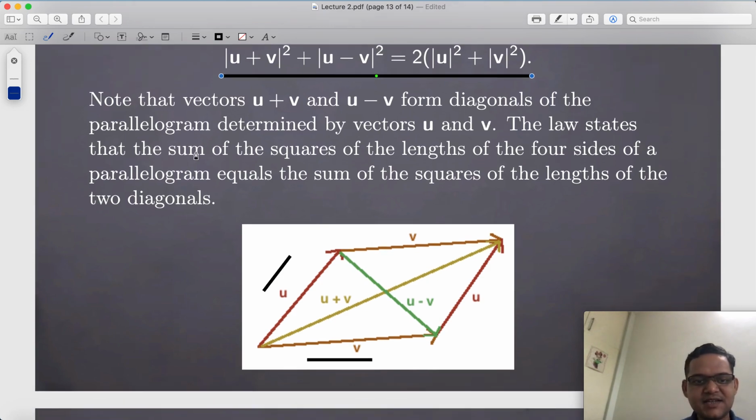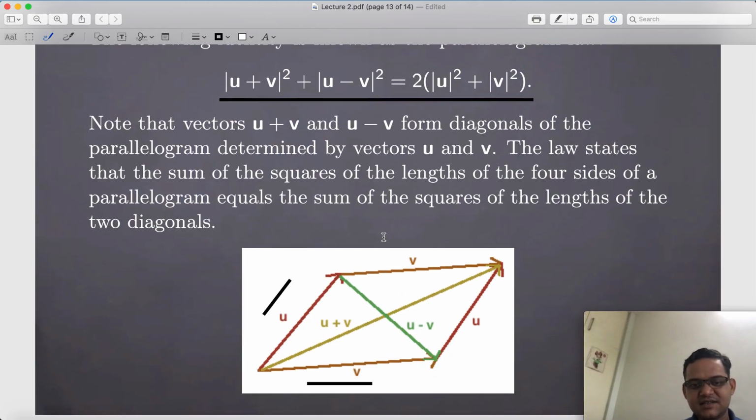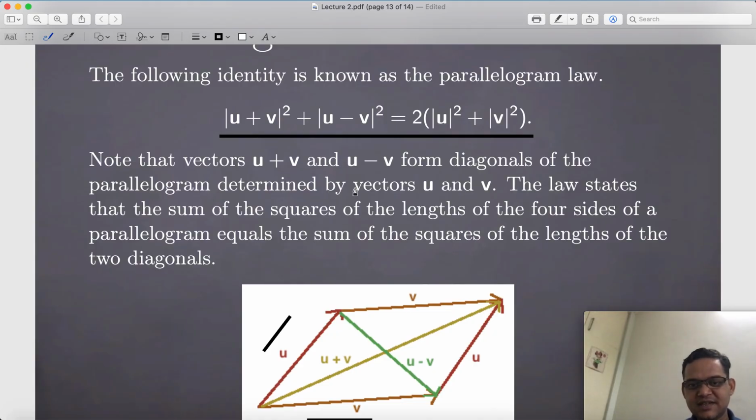So this law says that the sum of the squares of the lengths of the four sides, written as u, b, u and b, is equal to the sum of the squares of the lengths of the two diagonals. So this is how you get this formula.